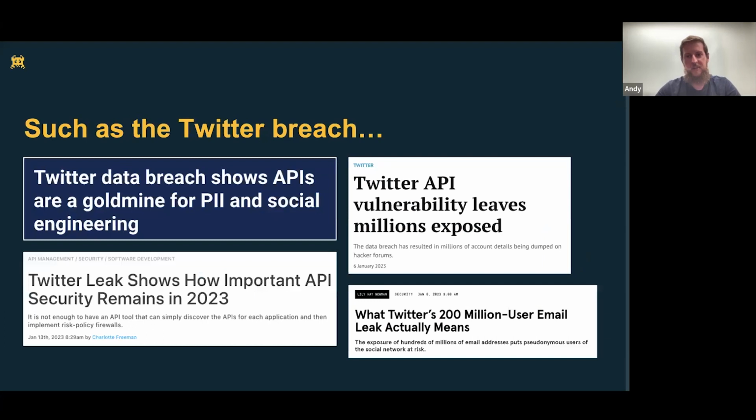People probably saw this over the last couple of years. There was a whole bunch of headlines about Twitter's users' data being exposed. You saw all kinds of numbers, 200 million user emails, 400 million in some places, millions and millions of users' data being compromised. A lot of the headlines say it's a gold mine for PII and social engineering. They absolutely are.